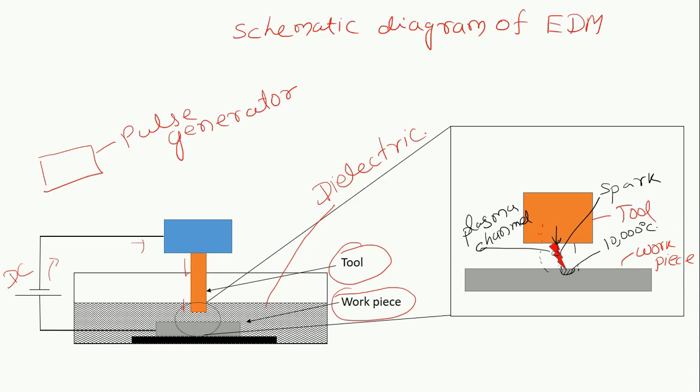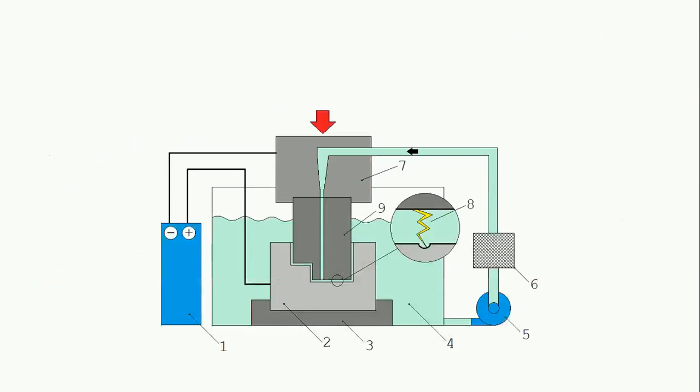At that high temperature, metal simply vaporizes and melts. The dielectric surrounding the gap takes away the waste product. We should remember that this dielectric needs to be continuously recirculated and cleaned. This is the basic principle of the EDM process.